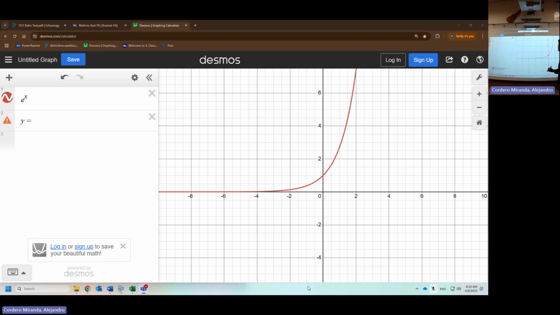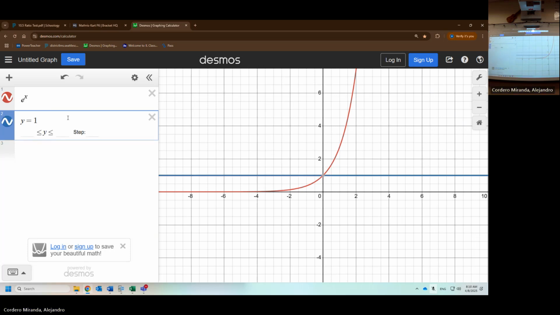At 0, e to the x is at 1. So let me see what happens if I approximate it with the function 1. Okay, there it is. It matches it at 1 point, but it's pretty far off everywhere else.